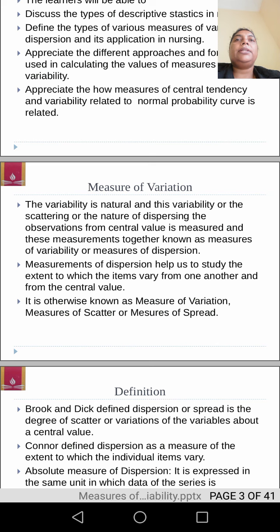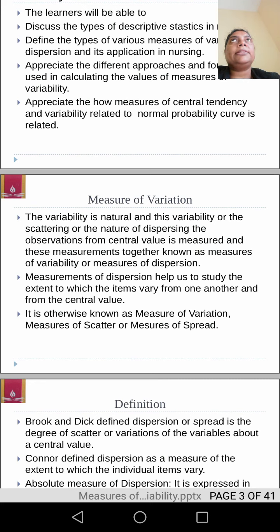It's a natural phenomenon where the data have a tendency to assimilate towards the central tendency like average, mean, median and mode. That's what we discussed in the previous session. Whereas there are a few data that scatter from these central values, and the method we adopt to measure this is known as the measures of variability.